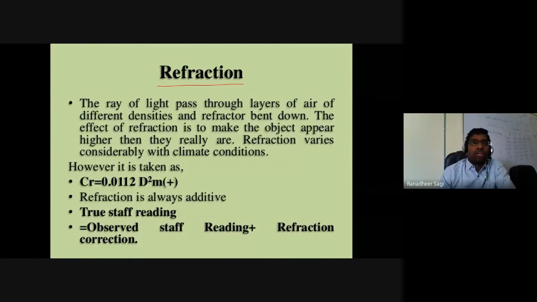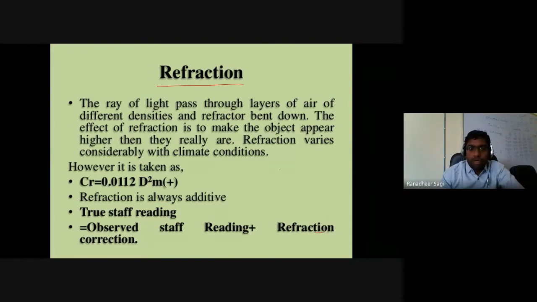When your ray of light, which indicates the line of sight, passes through different layers of air of different densities and is refracted, you would see a bent-down condition of the line of sight or the horizontal line. The effect of refraction is to make the object appear higher than it really is, because your line of sight is actually lower.